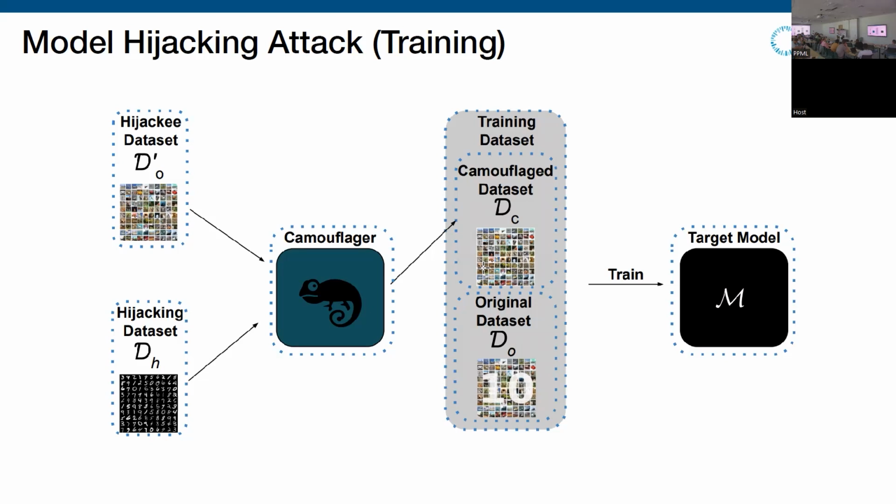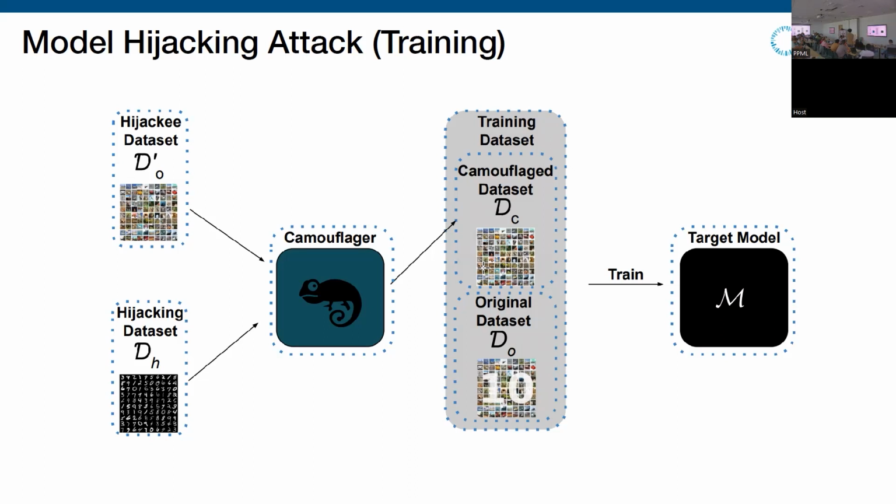I want to hide the MNIST task in the CIFAR-10 model. To finally train the model, I have two data sets. One is the original data set, the clean CIFAR-10. The other is my poison data set, which is camouflage. They look like CIFAR-10, but feature-space-wise, they are like MNIST.